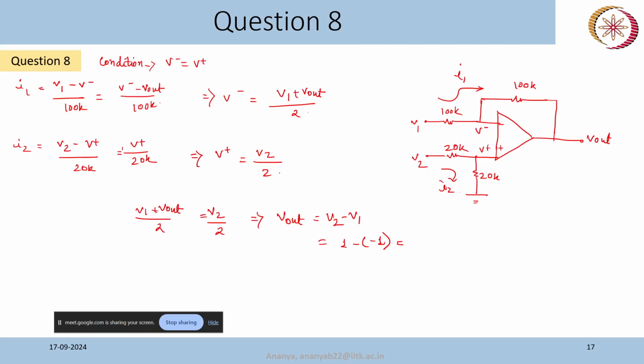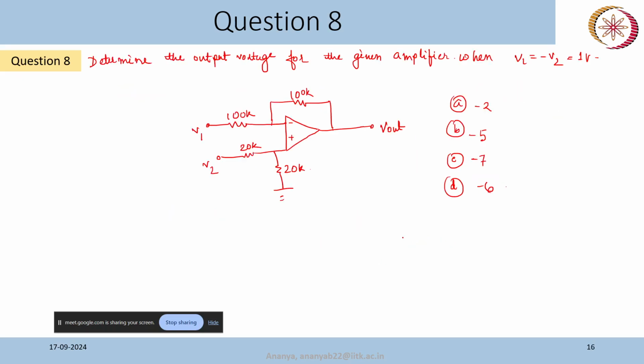V2 is equal to minus 1, this is minus 1 minus, this is plus 1. So this is minus 2 volt. So our answer is A, minus 2 volt.